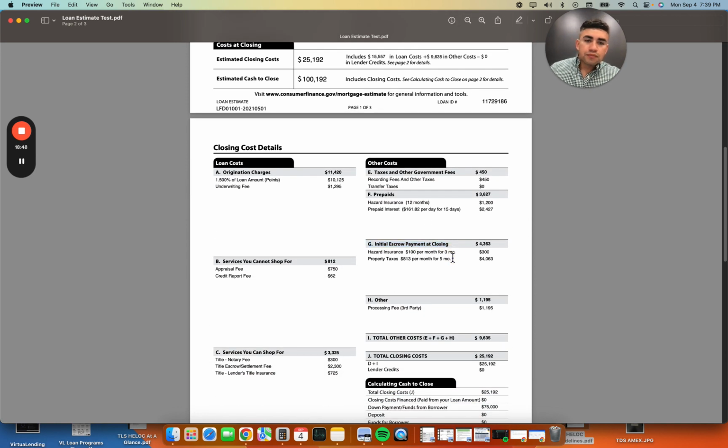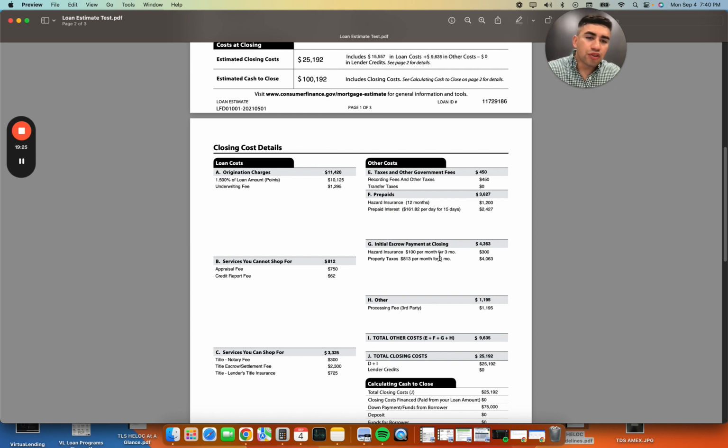And again, this is just for the purpose of this example. These figures are subject to change just depending on the time of the year that we're closing in, right? So in this case, let's say you're closing escrow in September. Well, the lender wants to make sure you're going to have enough money set up in your escrow account so that when next September, when your homeowner's insurance policy comes due again, right, which is $1,200, they want to make sure you have enough money in that escrow account to pay for that policy again, right?